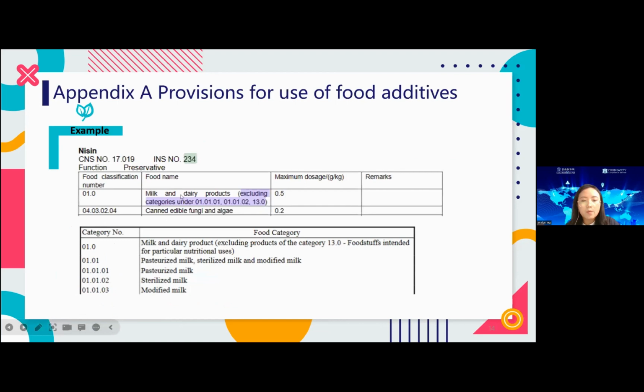We might think that all the milk and dairy products can be added niacin, but here we can see it's excluding the products in the categories 01.01.01 and 01.01.02 and 13.0. So it means the niacin cannot be added in those three food categories.